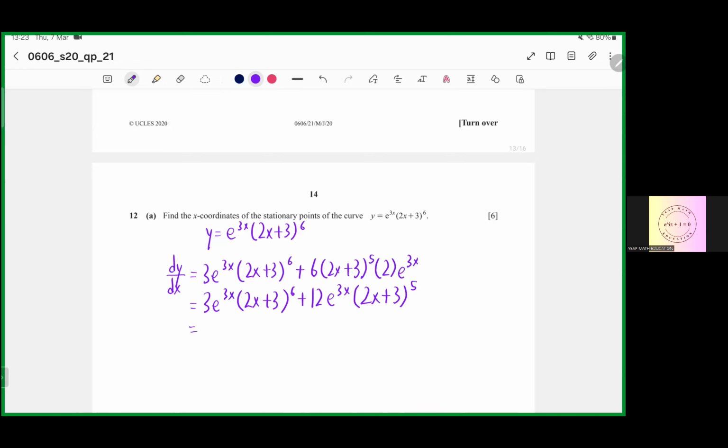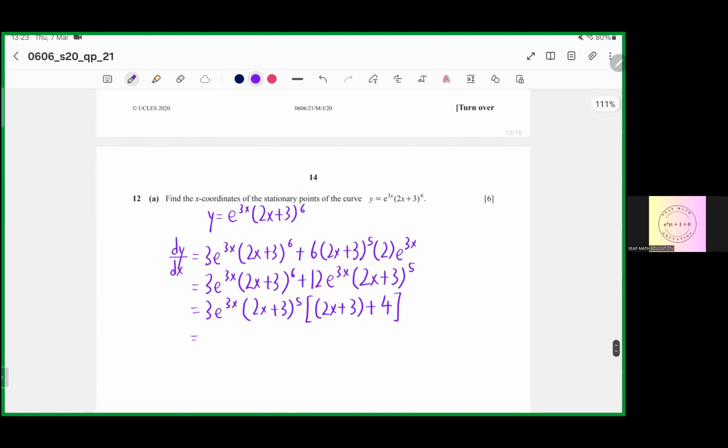Okay, and now I factorize. I got 3e^(3x) (2x plus 3)^5, and then here I still got 2x plus 3 plus 4. So I get 3e^(3x) (2x plus 3) to the power of 5, and then here I got 2x plus 7.